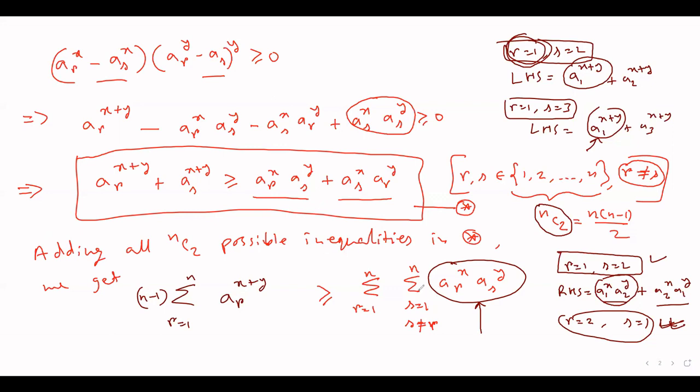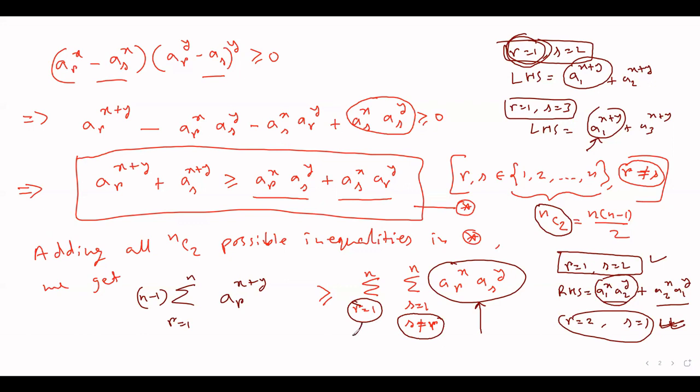I think I have made a little mistake here. Let's choose examples. For r equals to 1, we are going to count s equals to 2 at some point. The only restriction is s cannot be equal to r. So if you choose r equal to 1, s is never going to be 1, but s is going to take all other values.